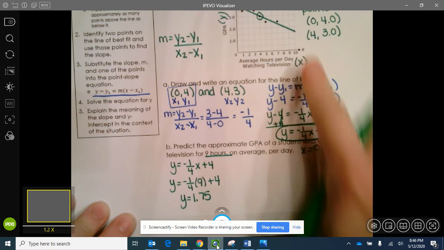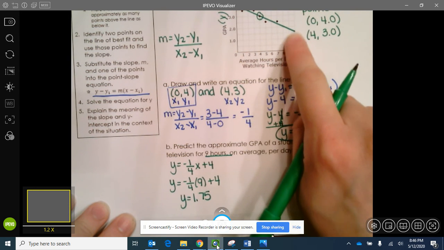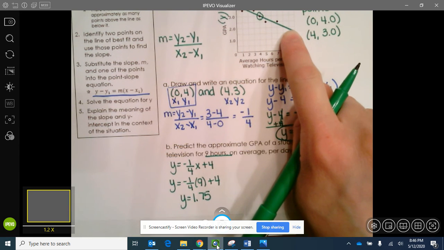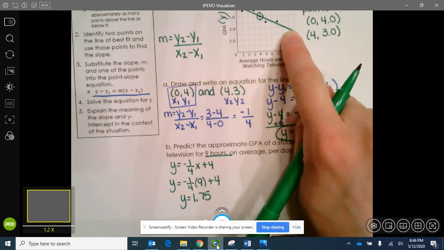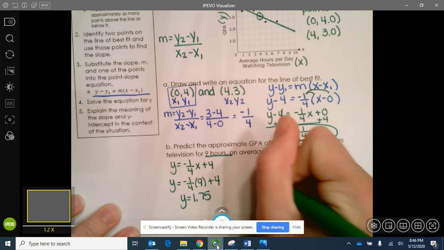1.75, which if you look on your graph, at 9 hours, it looks like the line was hitting a little bit below a GPA of 2.0, so 1.75 makes sense.